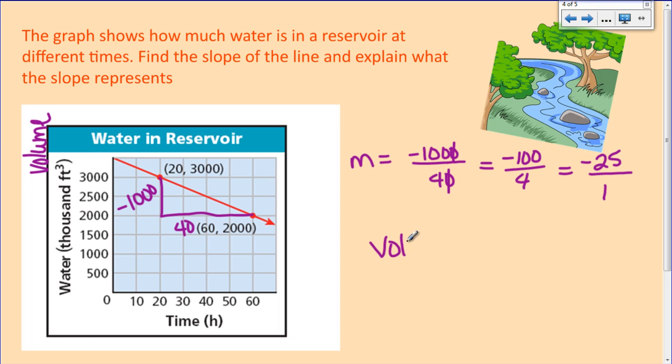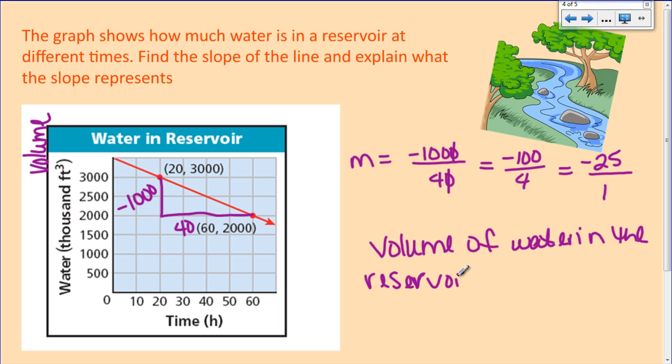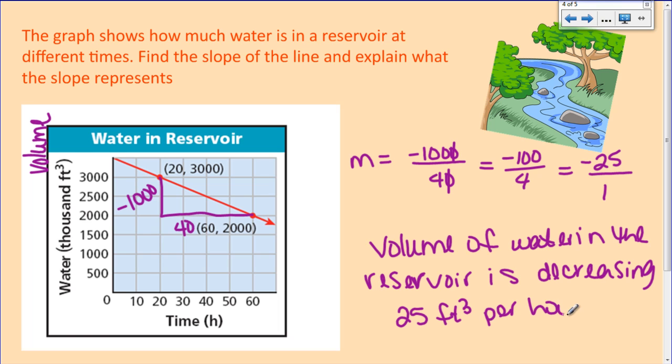So what this means is the volume of the water in the reservoir is decreasing because my slope is negative 25 cubic feet per hour. So that's what that means, and I got that from looking at the units on my graph.